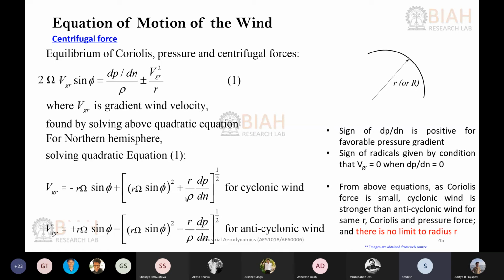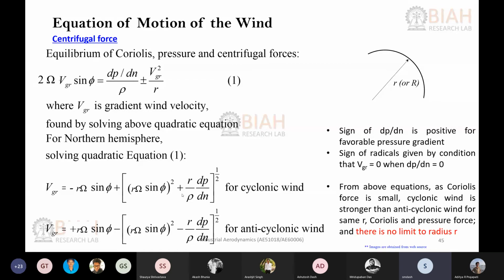From that, you can derive the sign of this radical. For example, let's consider the cyclonic flow. I make it 0. If I make it 0, then to get 0 VGR, I must get a positive value of this. If you come to the second equation, still if I have dp by dn equal to 0, then of course for this case also I need to get the positive value. So you get one correct solution, and the other one is your incorrect solution. That is what I want to highlight here.